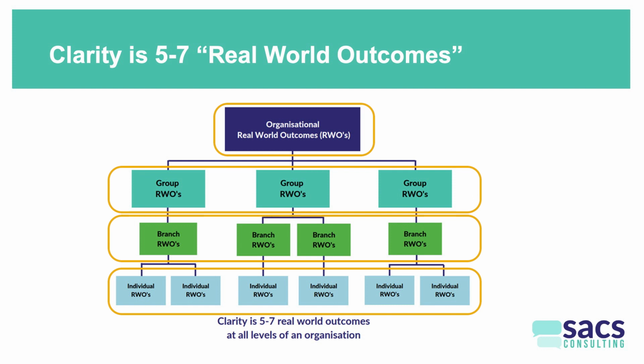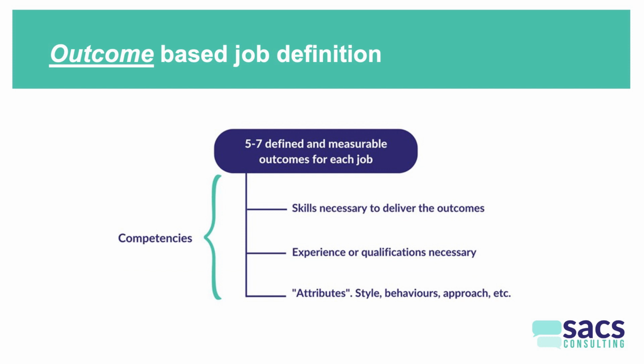So you define the success of individuals by the outcomes that they need to achieve, defined and measurable outcomes for each job, and then the skills that are necessary to deliver the outcomes, the experience or qualifications necessary, the attributes, style, behaviours, approach, those kinds of things that are necessary to deliver these outcomes.